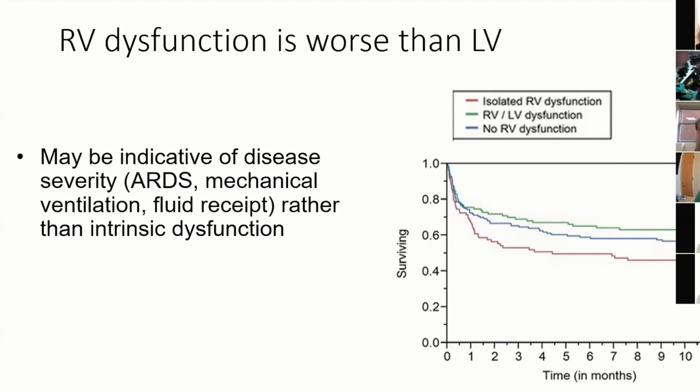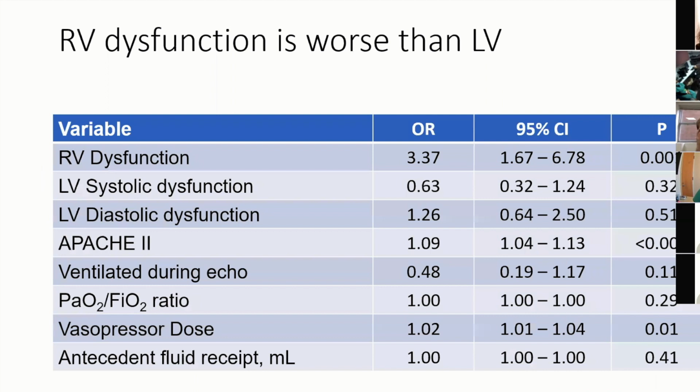Am I seeing excess fluid administration? Even though the Mayo Clinic group adjusted for ventilators and PF ratios and vent settings, it's still possible that we miss some of that, and that some of this dysfunction is really a reflection of loading states that occur with severe disease.